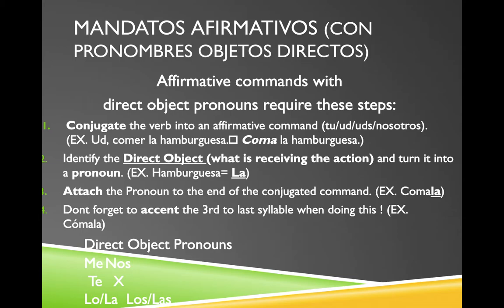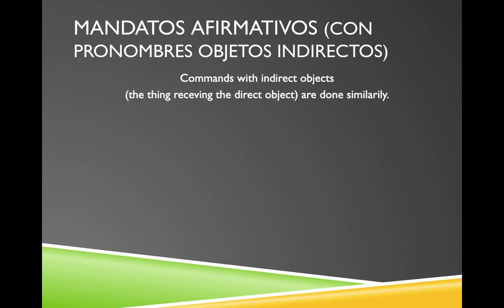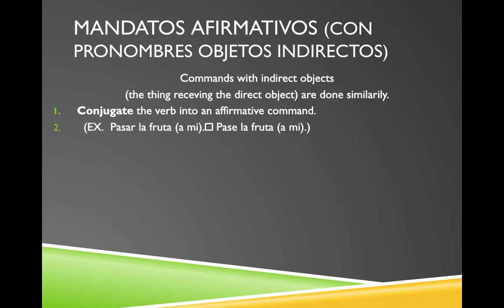The plate. That's the direct object, el plato. The to me is what we call an indirect object because they receive the direct. So, let's talk about that. Indirect object pronouns. So, here's your example. Pasar la fruta a mí.